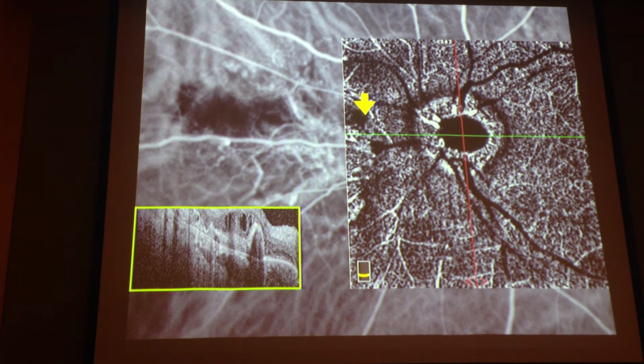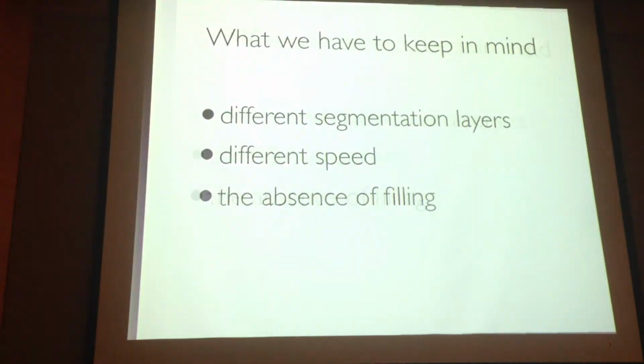It's not visible. You see over the net, and tomorrow you will listen much more on this topic. But just to remember that the flow is important for identifying structure with angiographies.